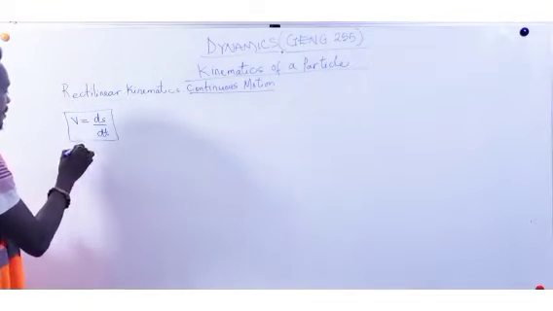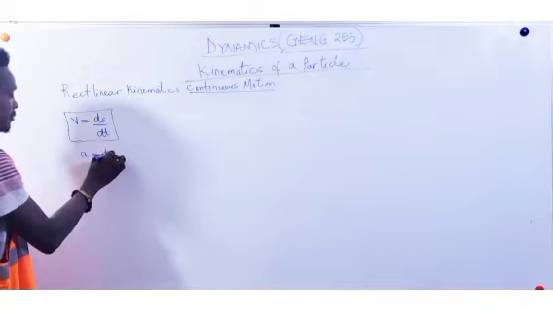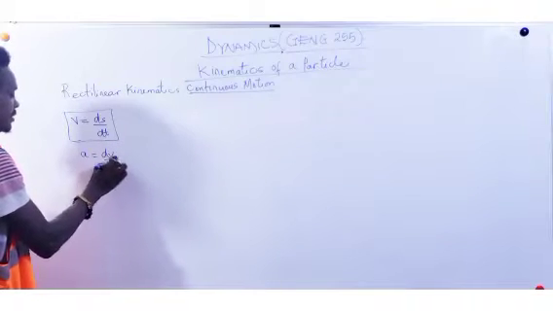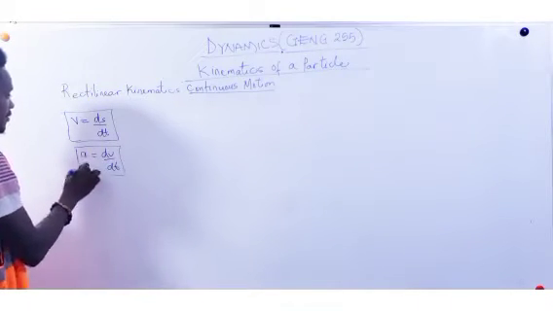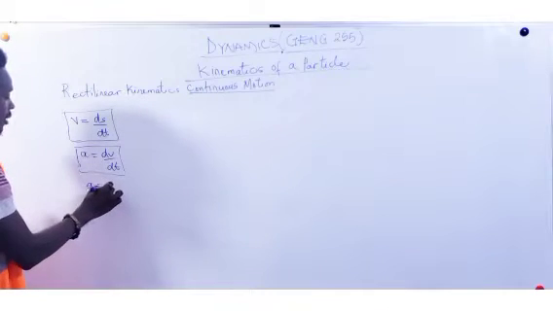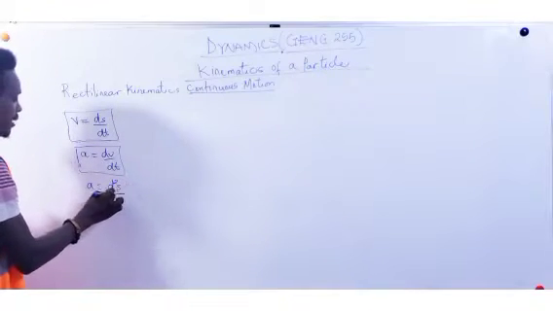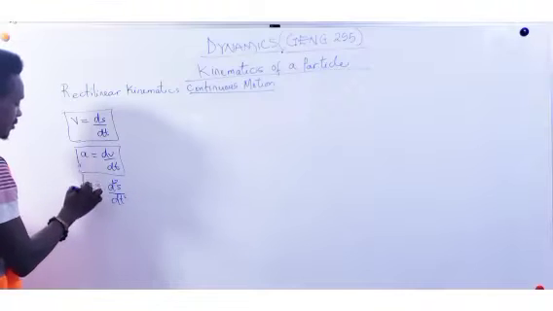And our second formula says a is equal to dv by dt, right? And our third says that a is also equal to d squared s by dt squared, right?